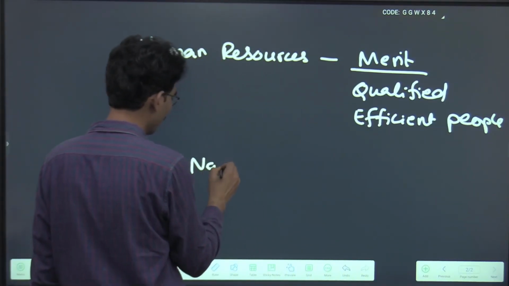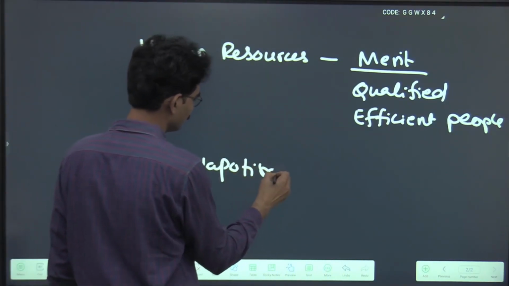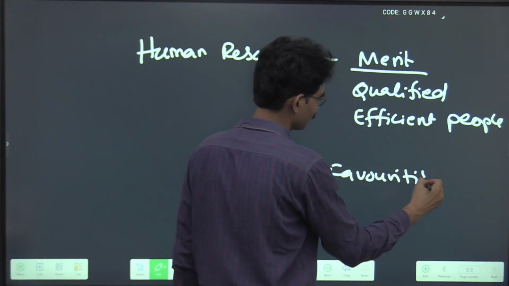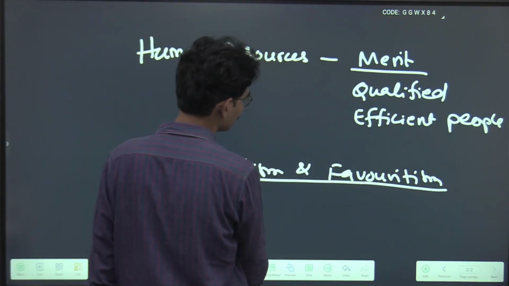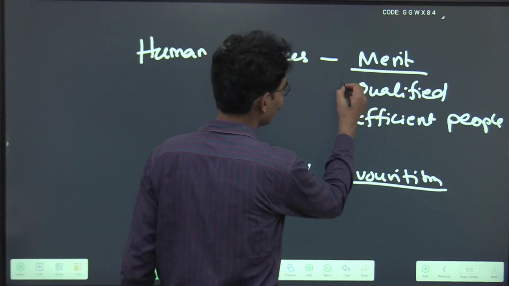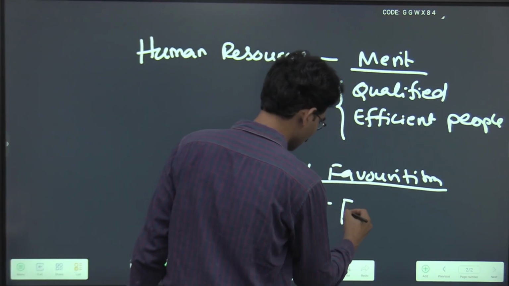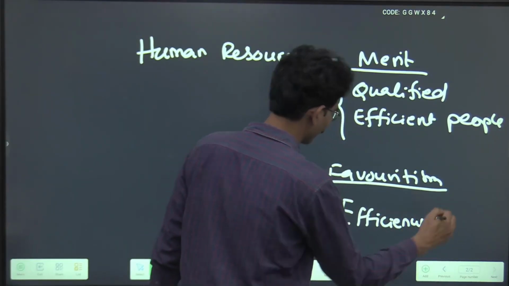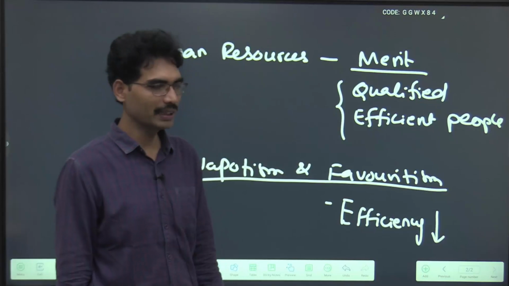If you show nepotism and favoritism, what do you get? People may get loyalty, but it will affect the efficiency of the organization. Effectiveness will go down, merit system will go down.